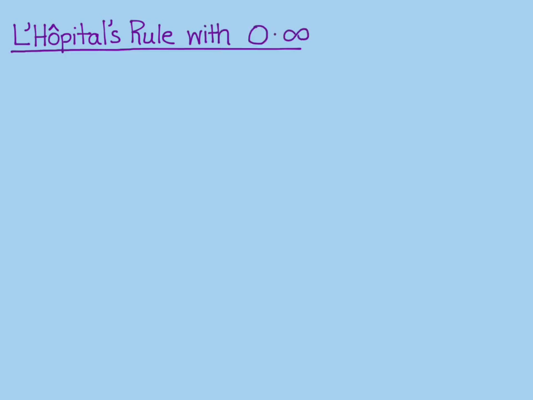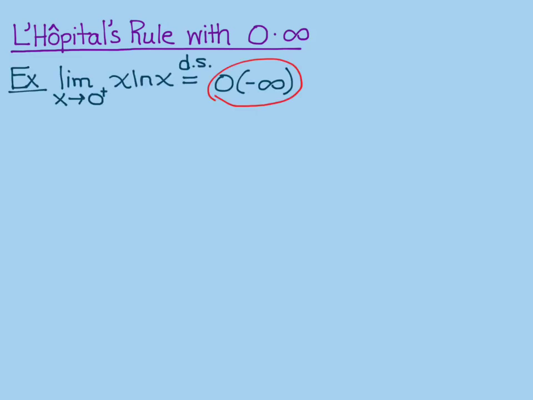We can also use L'Hopital's rule with things such as 0 times infinity. For example, let's look at the limit as x goes to 0 from above of x times ln of x. If we do direct substitution, I get 0 times negative infinity, which is an indeterminate form. I want to make this into a fraction in order to use L'Hopital's rule.